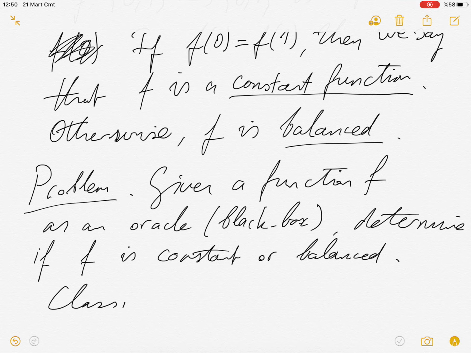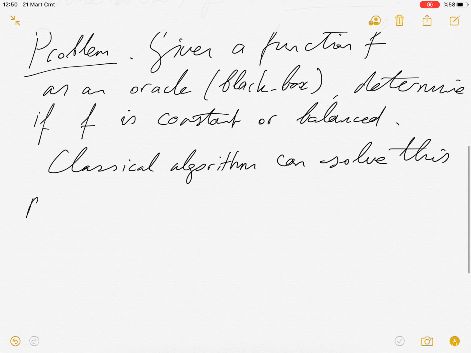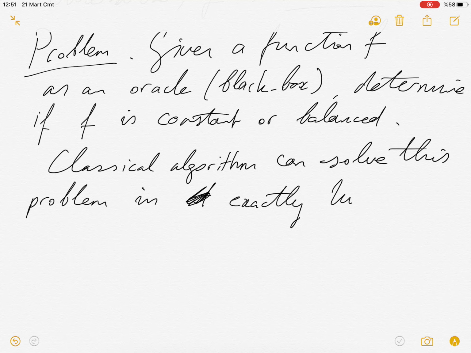A classical algorithm can solve this problem in exactly 2 queries.